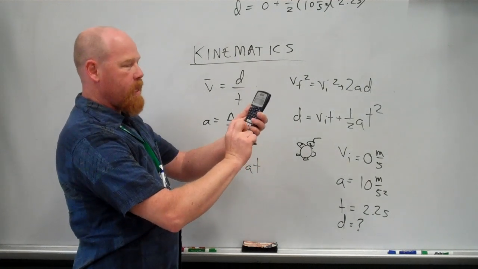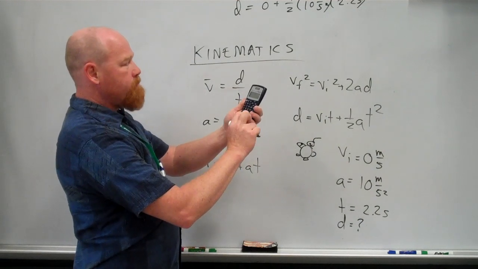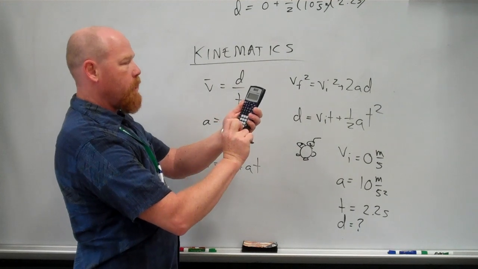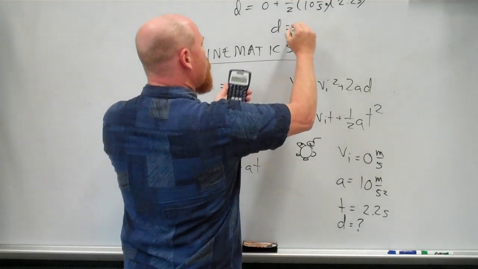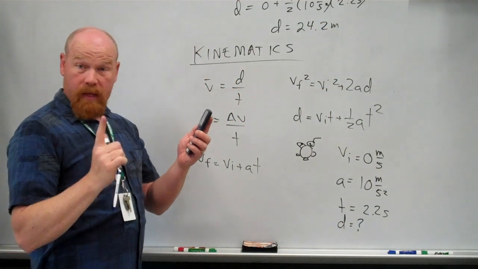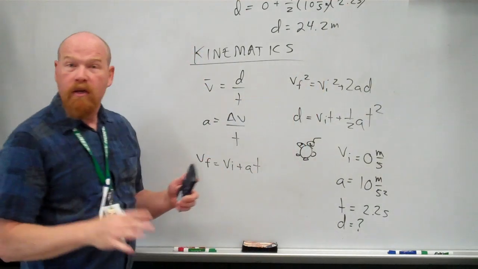So what I'm going to do is grab my handy dandy calculator and do 0.5 for 1/2 times 10 times 2.2 squared, and I'm going to get 24.2 meters. So that's good, because that fits with my 2 seconds is 20, 3 is 45, somewhere in between there.